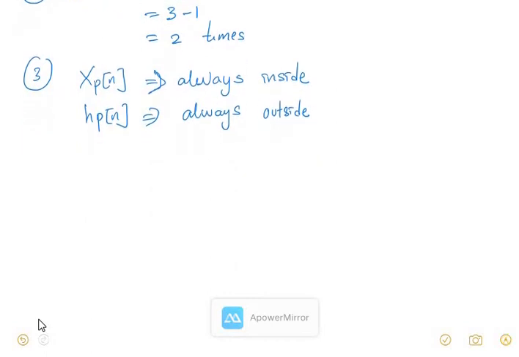What is meant by this? Now, I have 2 circles. This is the first step.